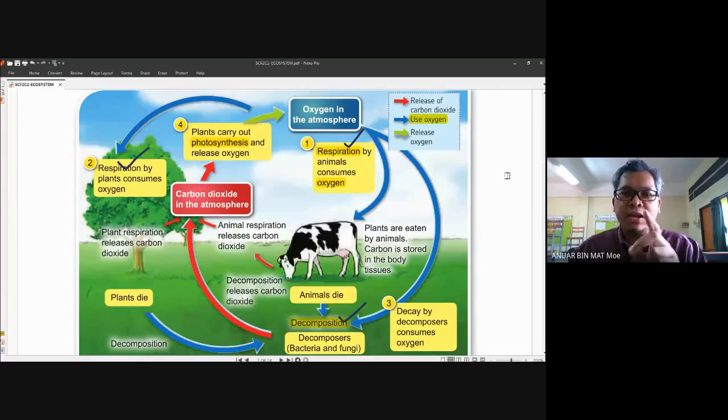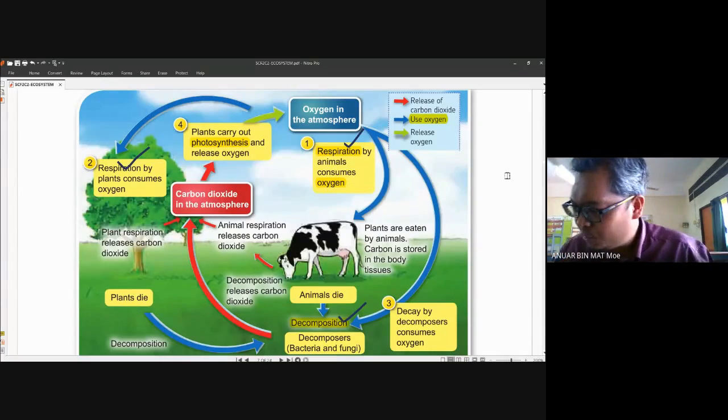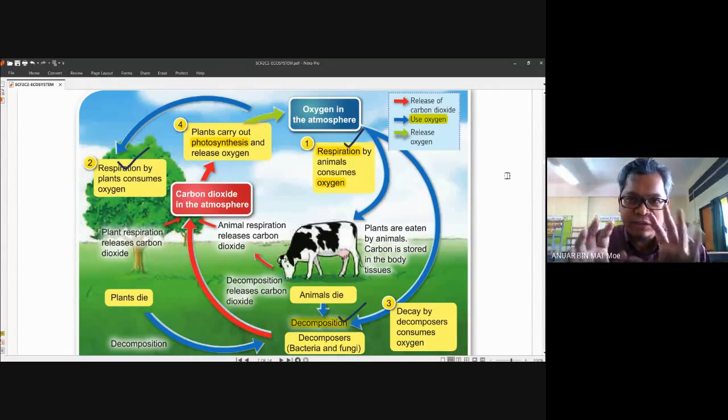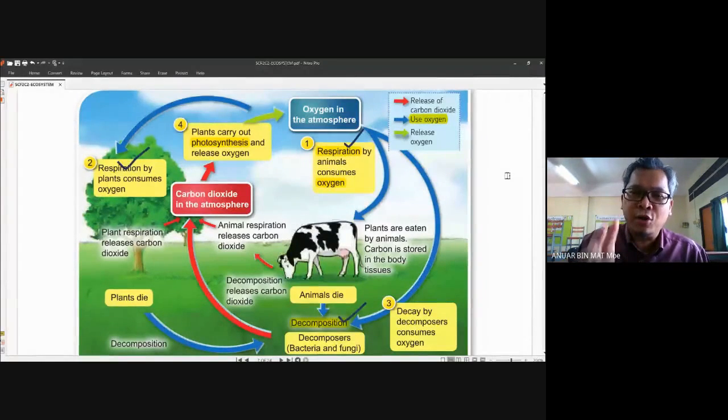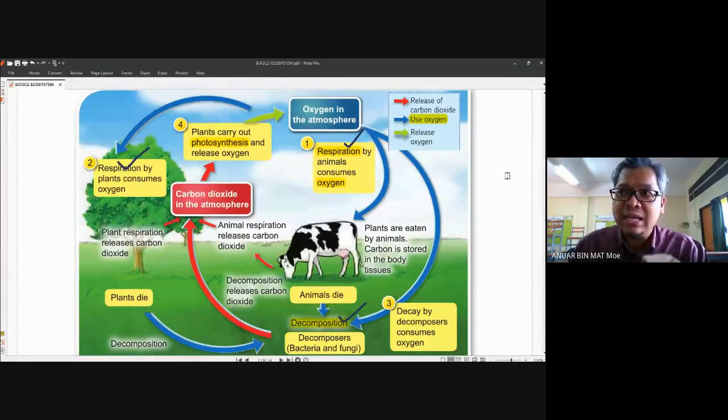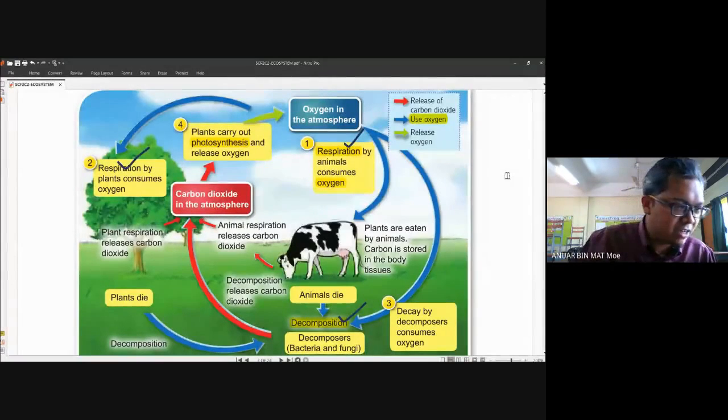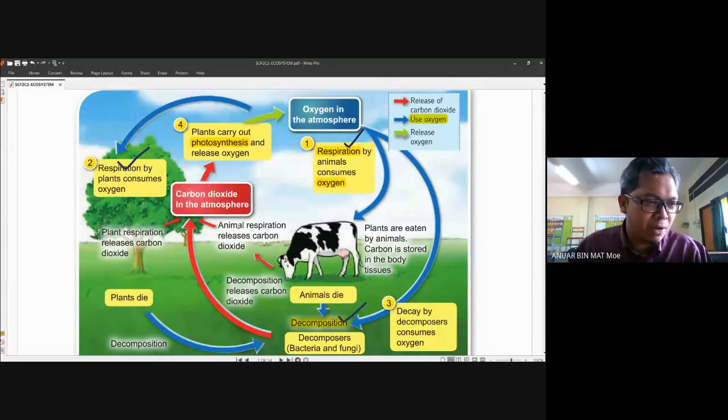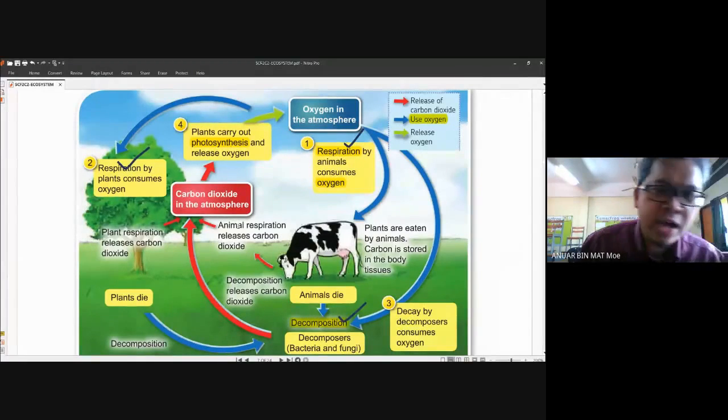If you still remember from Form 1, what is a process, not in the picture, that uses oxygen and releases carbon dioxide? Very good.